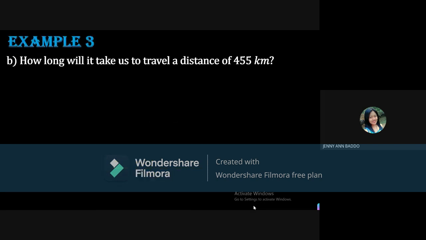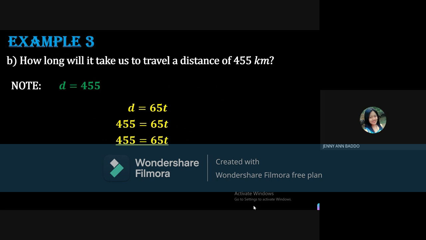Next question. How long will it take us to travel a distance of 455 kilometers? Take note, the given here is the distance. So we have d equals 455. Now, using again our working equation, d equals 65t, by substitution we have 455 equals 65t.